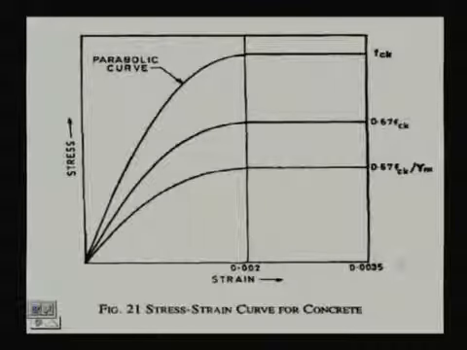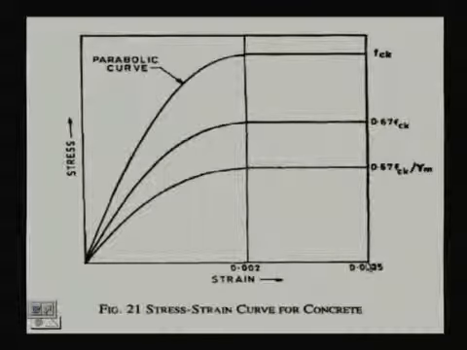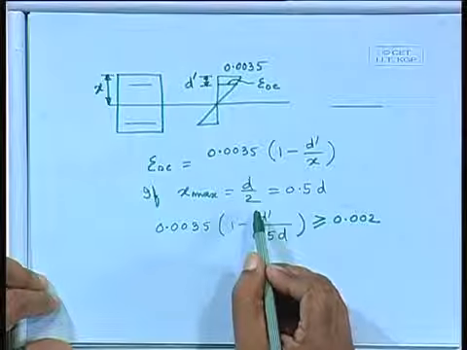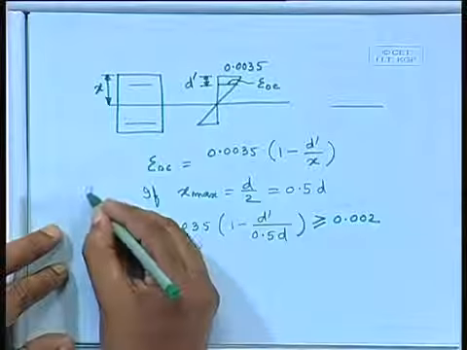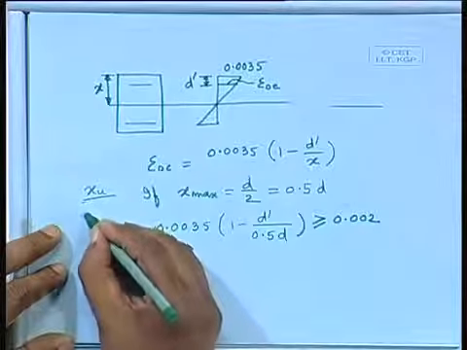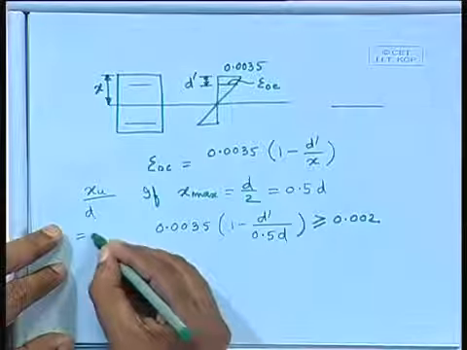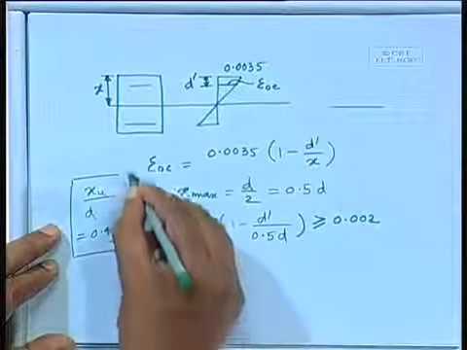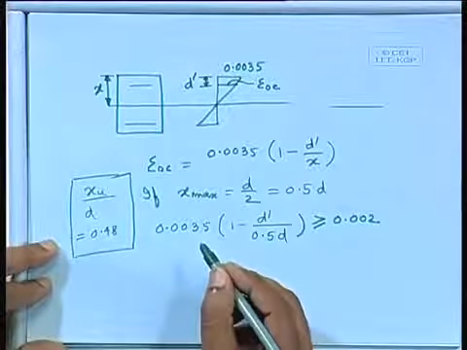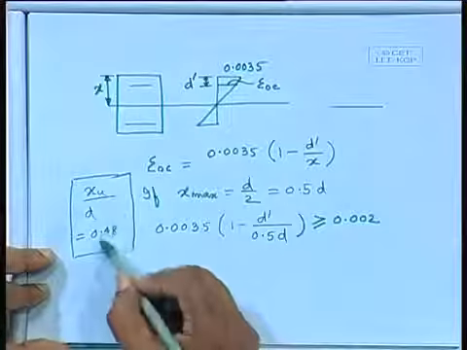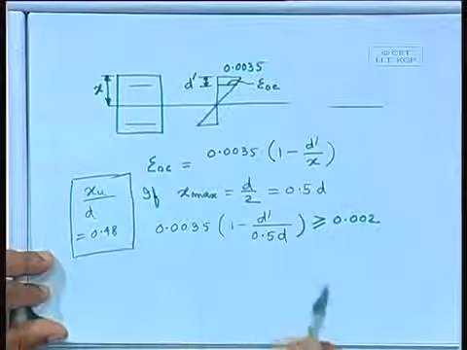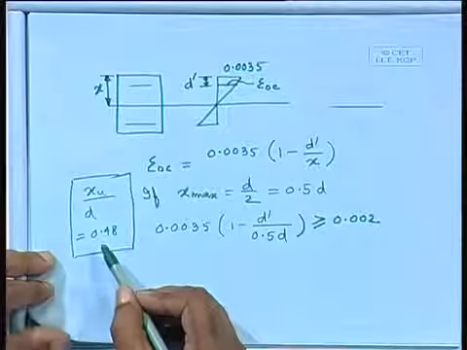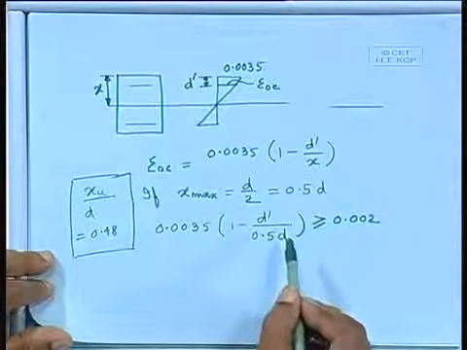We are assuming x max equal to d by 2. Xu by d for Fe415 we get 0.48. We can get it in IS 456, we can also derive it. Xu by d equal to 0.48. That means a reasonable assumption is Xu equal to 0.5 d maximum.